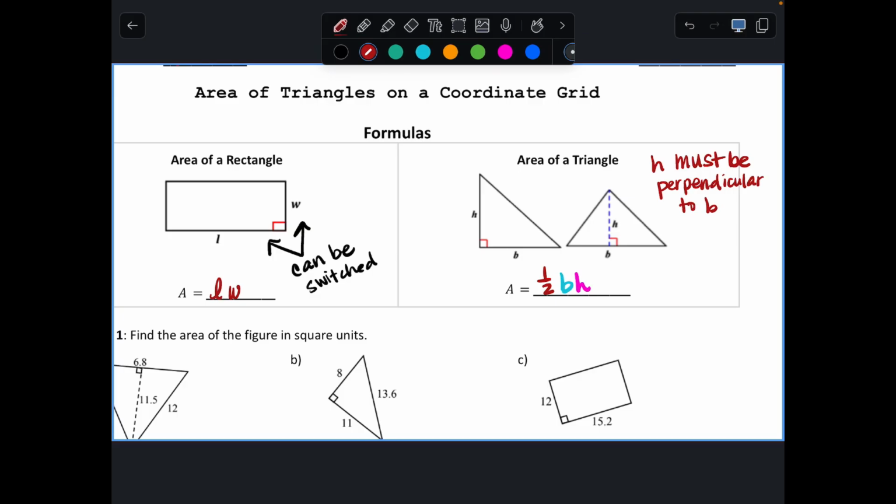So that means it has to form a 90-degree angle. So in the first triangle, we have base across the bottom, and the height is over here on the side. That forms a 90 degrees, so that works. In the second triangle, you have the height in the middle of the base, but it is also perpendicular, so that works.